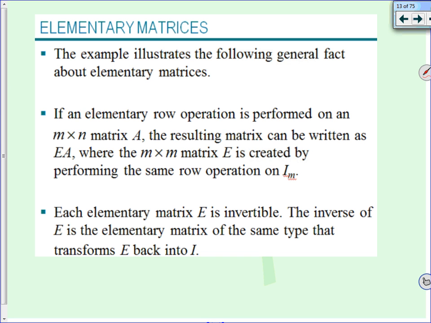So any matrix that's invertible, you can take from I to what it is by doing a series of elementary row operations or multiplying by a series of elementary matrices. So if you multiplied all those elementary matrices together, that would be the same as doing all those elementary row operations.